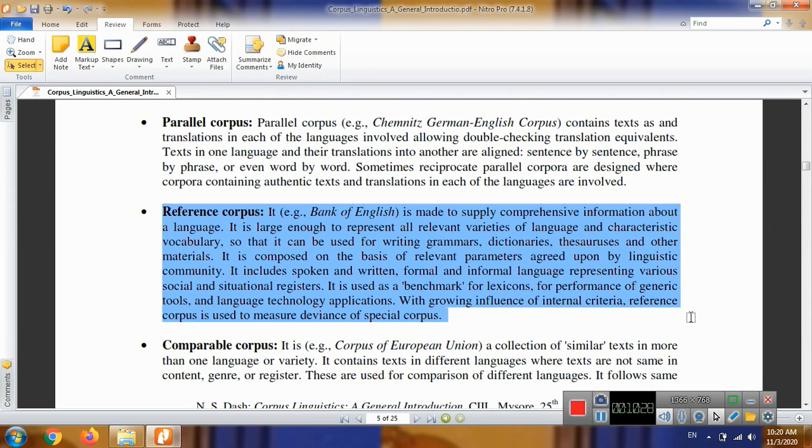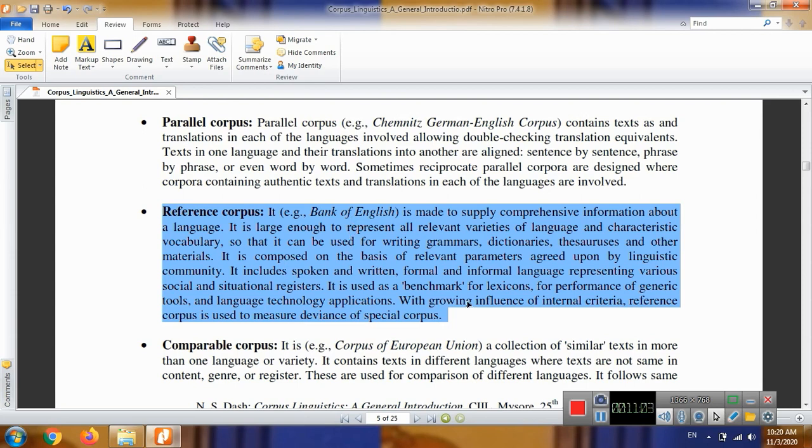You should know all of its features and characteristics, how a reference corpus, like the Bank of English, contains comprehensive information about the language. It is large enough to represent all relevant varieties of language and characteristic vocabulary, and can be used for writing grammars, dictionaries, thesaurus, and other materials.